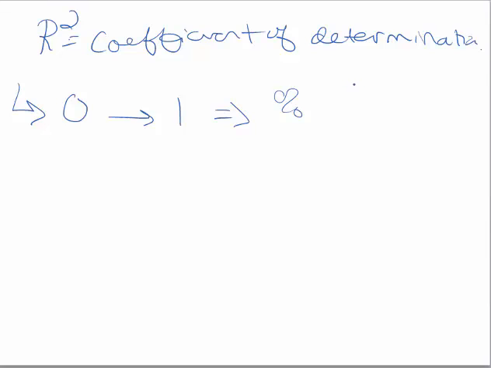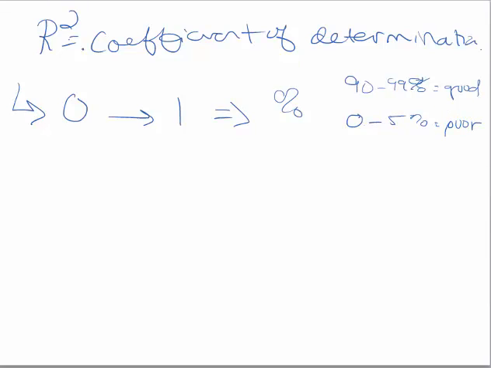So something that, let's say, is 90 to 99% is a good model. Something that's lower, maybe closer to 0, so let's say maybe 0 to 5%, is a pretty poor model.